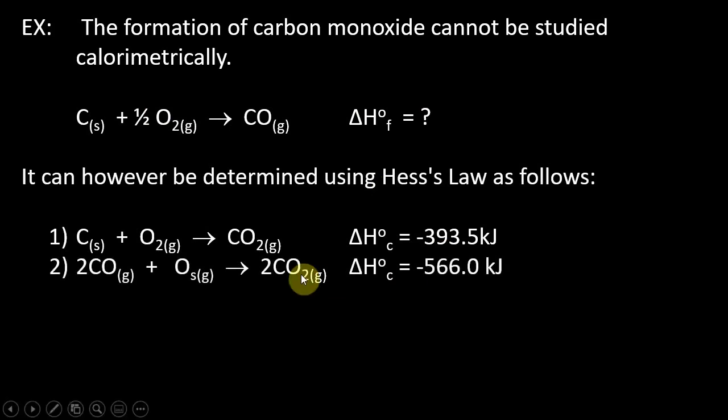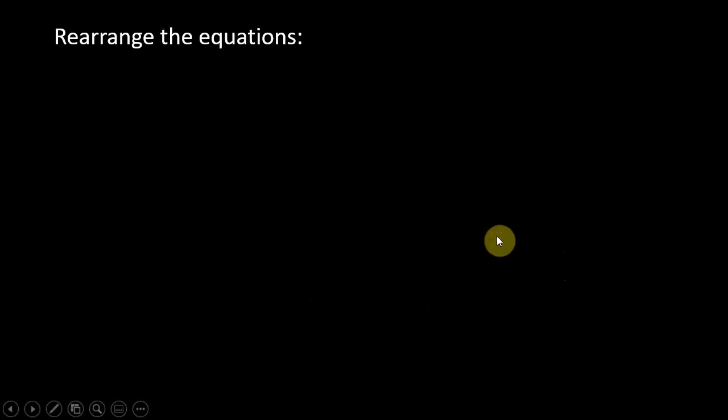For the oxidation of carbon monoxide to carbon dioxide, we get a heat of combustion of negative 566.0 kilojoules per mole. So let's take these two reactions and their enthalpy changes and figure out what the enthalpy of formation of carbon monoxide is.